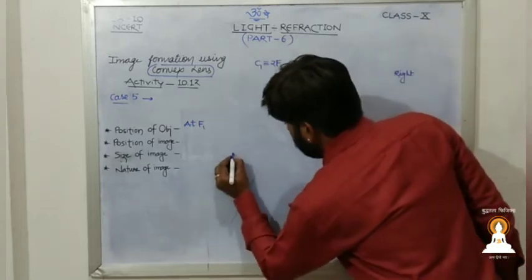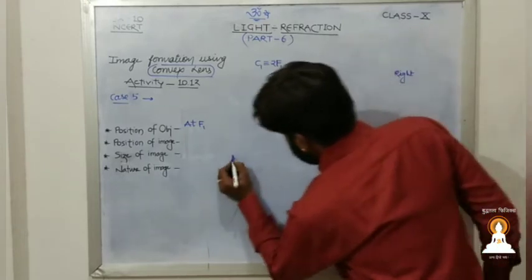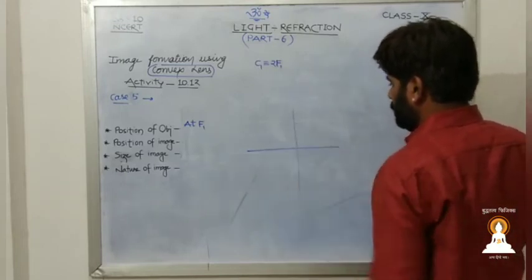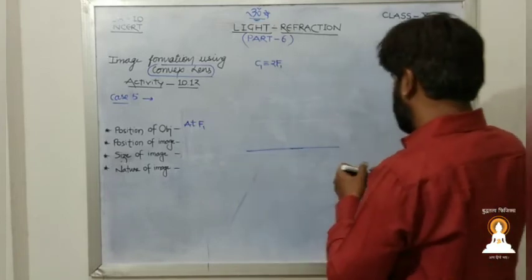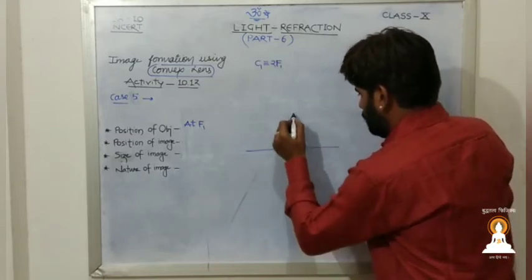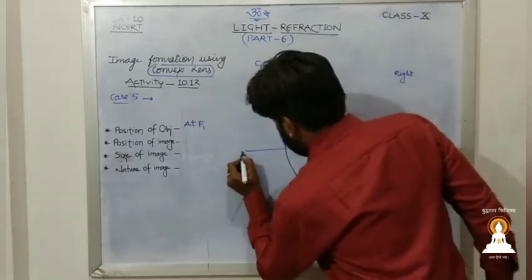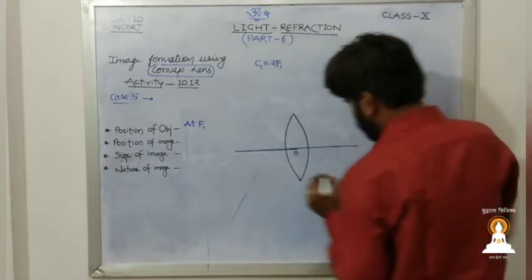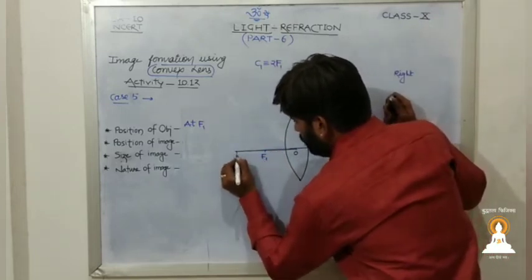Let me draw the diagram here so that it will be quite clear this time. Let me draw a rough sketch. Almost okay, no problem. This is the point O. This is going to be the point F1. This is going to be the point C1.